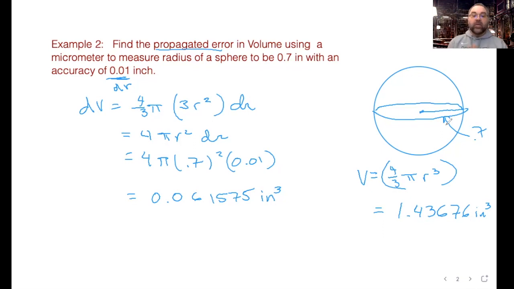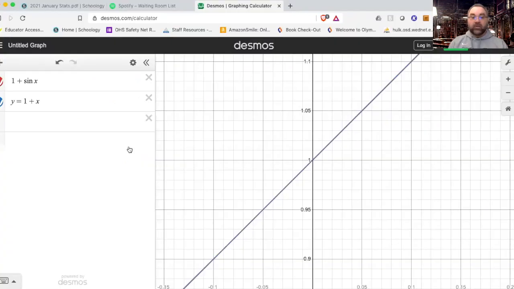I expect to see about 0.061575. Now, that's not exactly right. It is an approximation. I do want to be clear about that, because we're approximating with the tangent line, like we saw with the sine wave. You're going to have some error here.